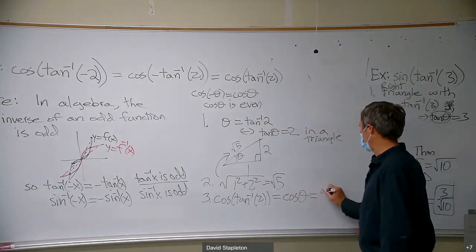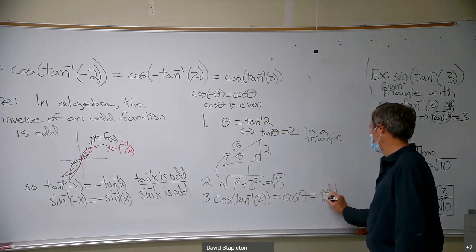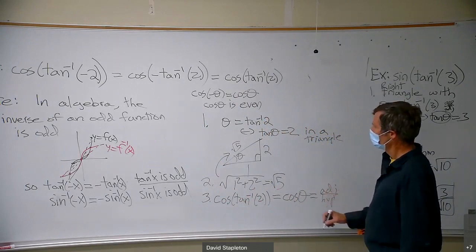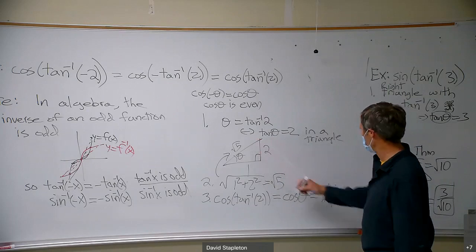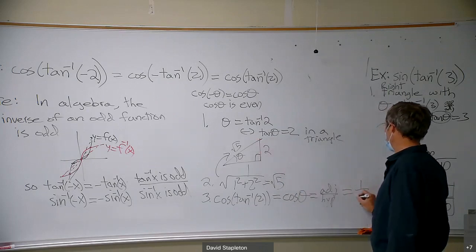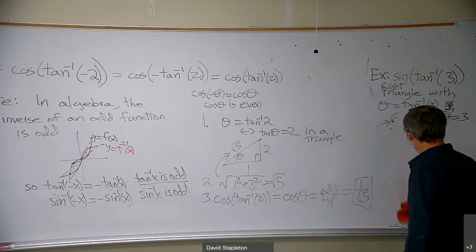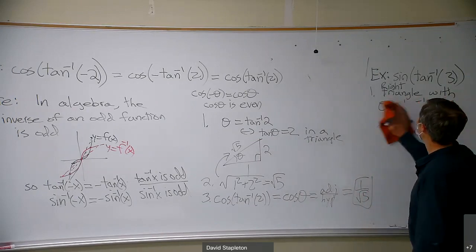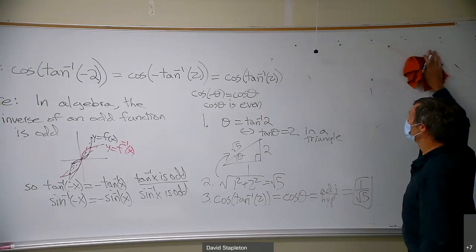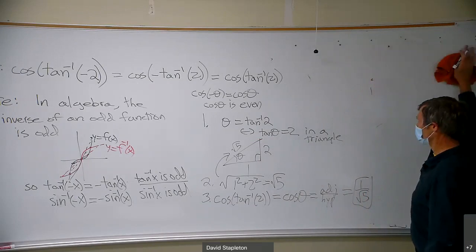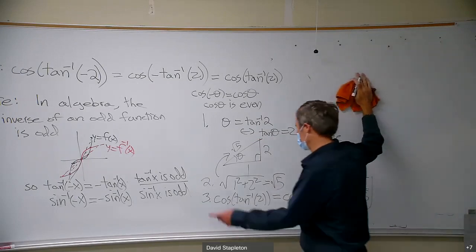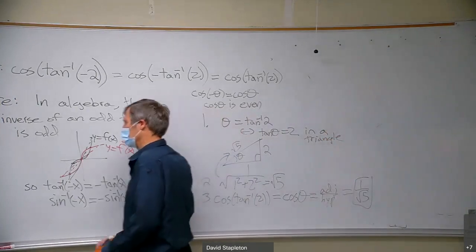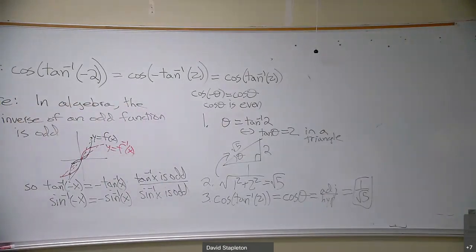But the cosine of theta is the adjacent over the hypotenuse, which is 1 over square root 5. So again, we did it exact. So nicely, we can do any trig function of a different inverse trig function like that.